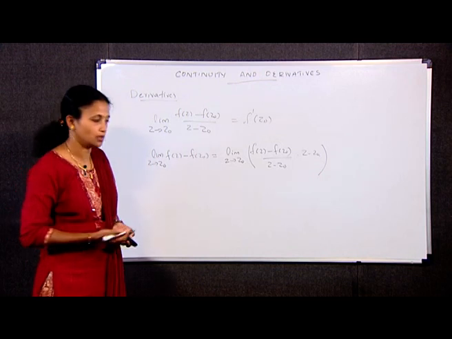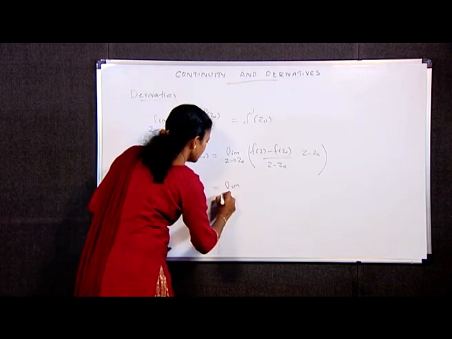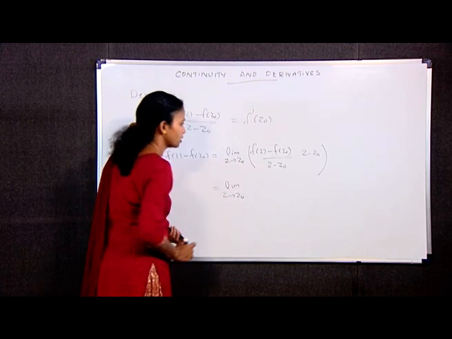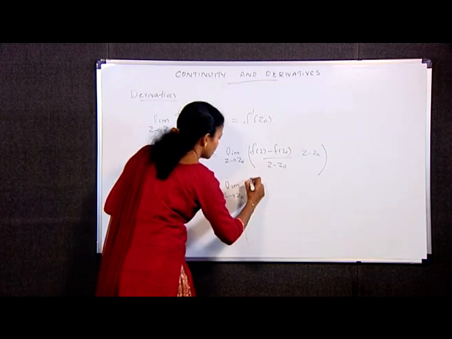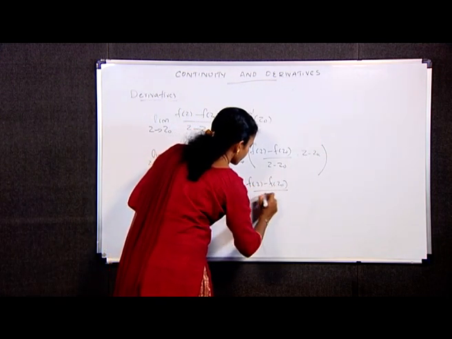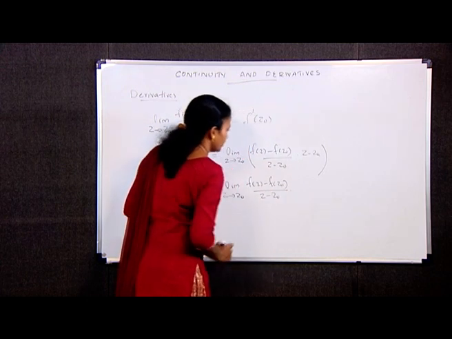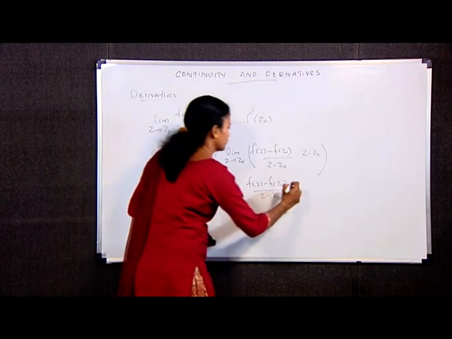Which we can write as limit z tending to z0 of f of z minus f of z0 by z minus z0, times limit z tending to z0 of z minus z0.